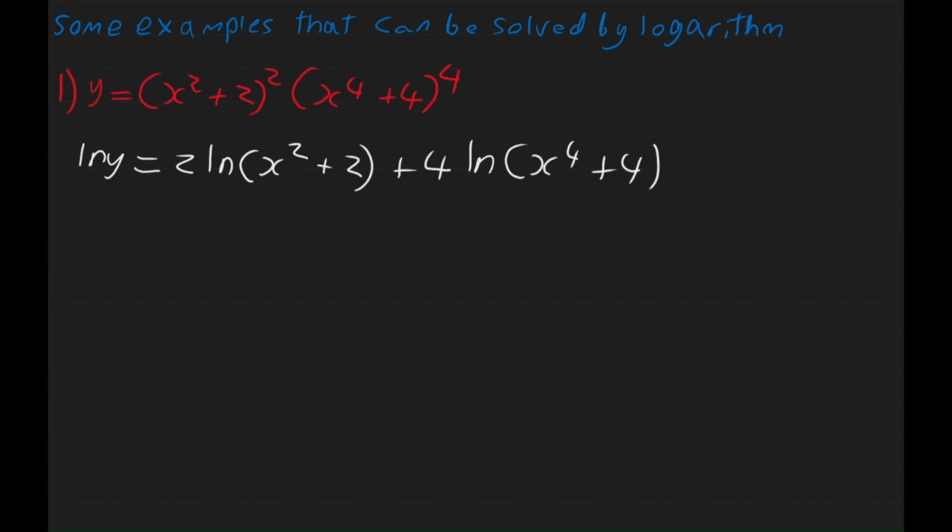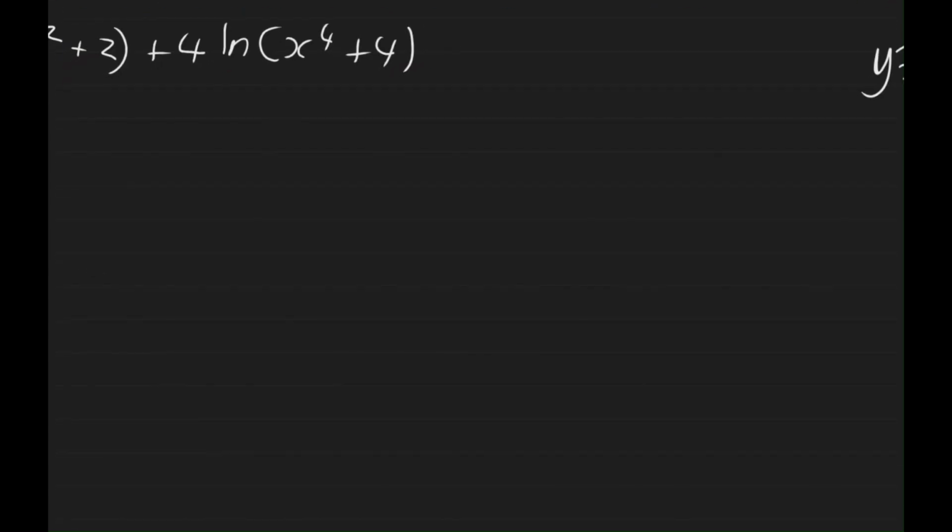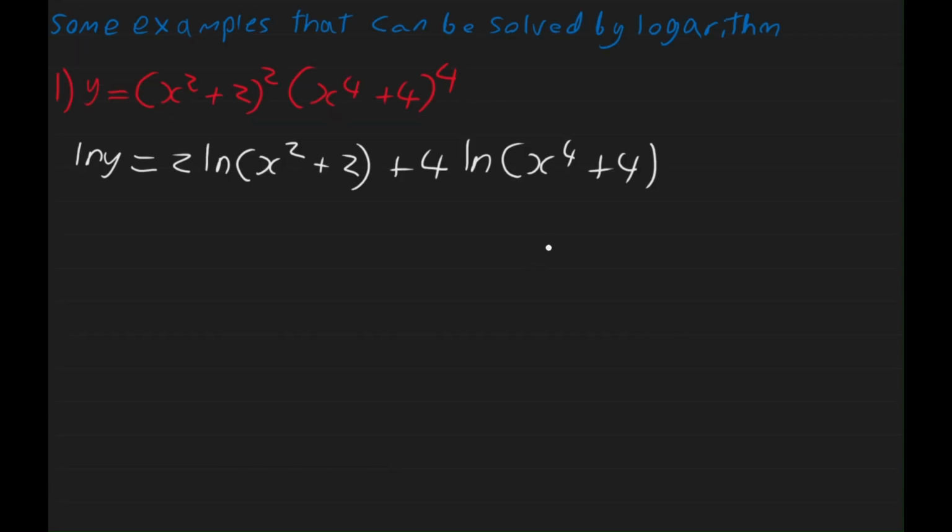Now to differentiate, we can say that y dash over y is equal to, differentiate this, we're going to say 2 multiplied by the derivative of ln, so x power 2 plus 2, and of course then you don't have to write.